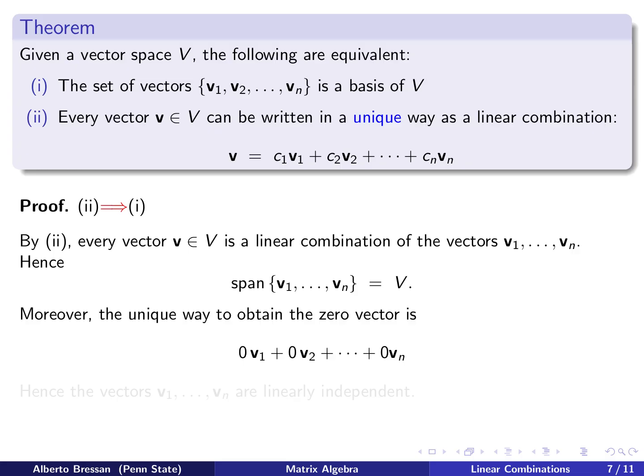Yes, because condition 2 says if you find a linear combination, that is the unique one. So this will be the unique linear combination to obtain the zero vector, and that implies the set of vectors is linearly independent. And then we reach conclusion 1. And therefore we have now completed the proof.